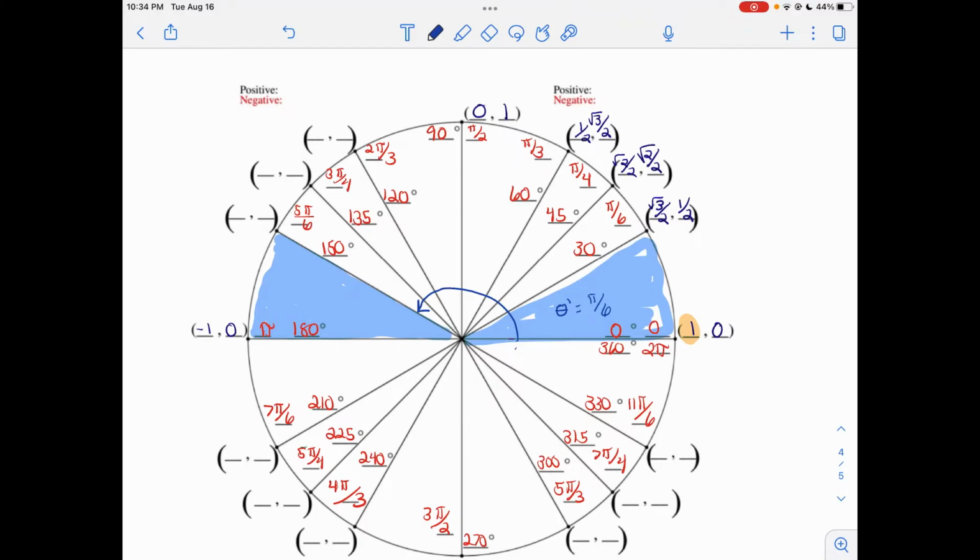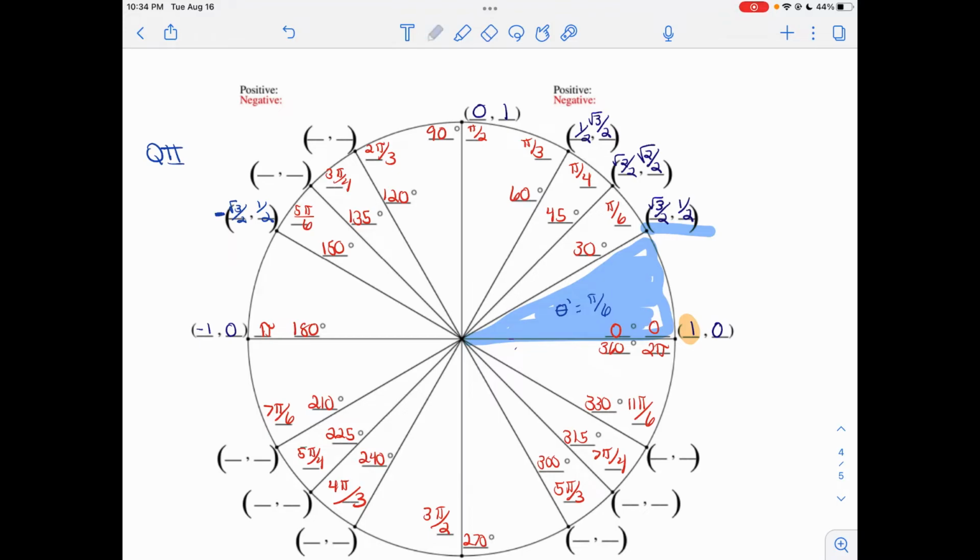So since pi over 6's ordered pair is square root of 3 over 2 and 1/2, 5 pi over 6's ordered pair is also square root of 3 over 2 and 1/2. The only difference is that I am now in quadrant 2, on the negative x-axis and the positive y-axis, so my x's are negative. So it's actually the point negative square root of 3 over 2 and 1/2. And that's how you find that angle measurement.